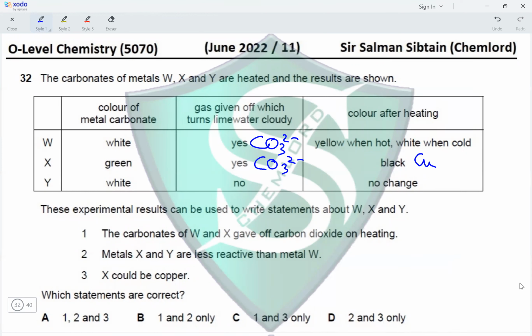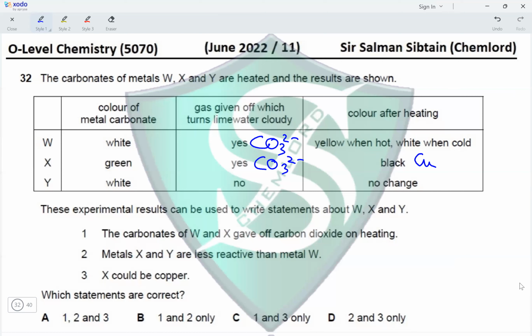That is how I came to this conclusion. Next, a white metal, the anion is unknown and there is no change in the color of this salt after heating. Okay. These experimental results can be used to write statements about W, X, and Y.